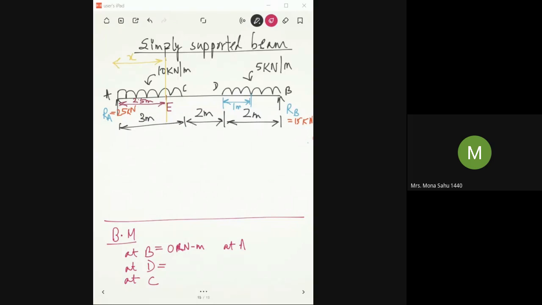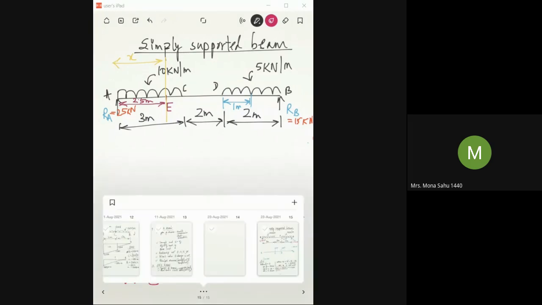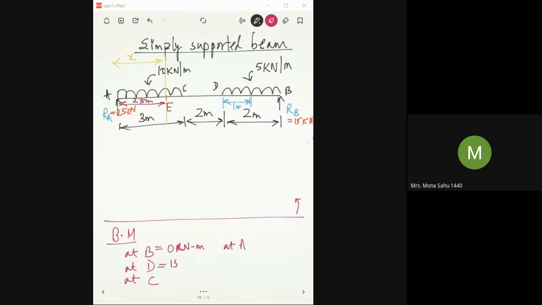You have 15, which is anticlockwise, so 15 multiplied by 2, minus 5 by 2 into 1. The value is 30 minus 10, which is 20.